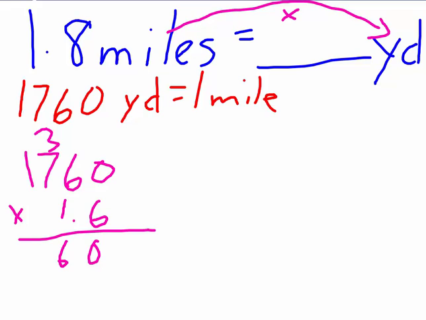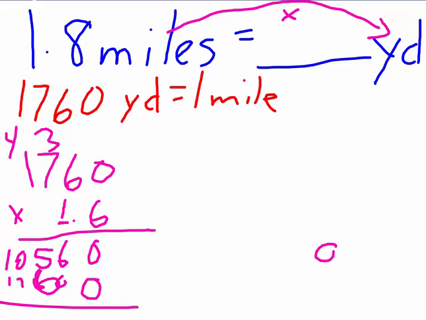6 times 6 is 36. 6 times 7 is 42. 42 plus 3 is 45. 6 times 1 is 6, plus 4 is 10. I now drop down, add a 0 as a placeholder because I'm in my next place value. Then 0, 6, 6, 7, 1.